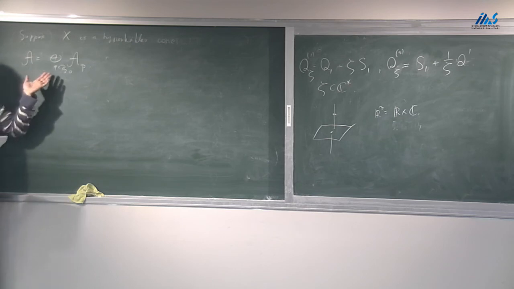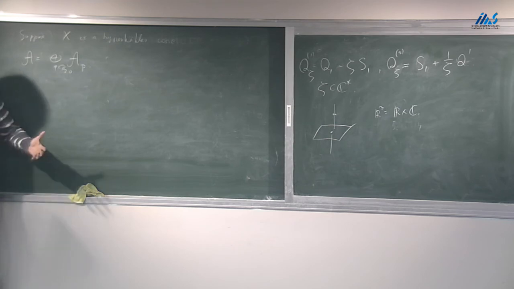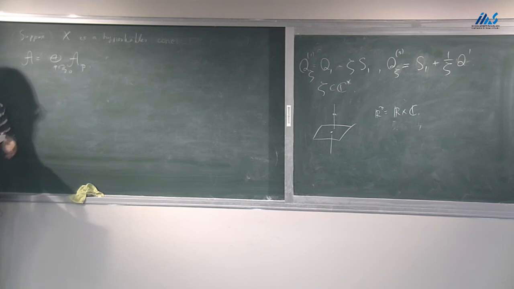This grading simply comes from the scaling symmetry. You have dilatation in the theory, dilation of all coordinates, and the eigenvalue with respect to that dilation is called the dimension of some particular element in the algebra, and you diagonalize that. This is the eigenvalue. The crucial point in a unitary theory is that it's non-negative, and the only element with zero dimension is just the identity operator. So A0 is just the complex numbers.